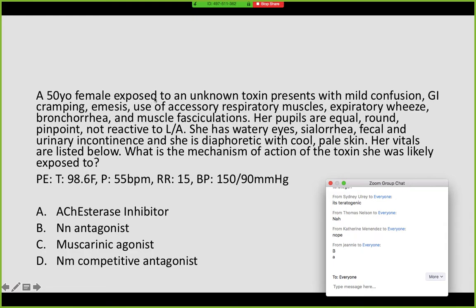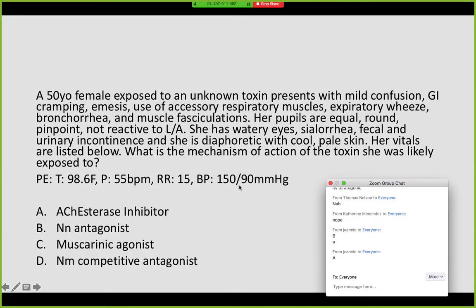So, 50-year-old female exposed to unknown toxin, is confused. See muscle fasciculations. Pupils are equal, round, pinpoint, not reactive to light in combination. She has watery eyes, salivation, fecal and urinary incontinence, and she's diaphoretic with cool and pale skin. What is the mechanism of action of the toxin she was likely exposed to?